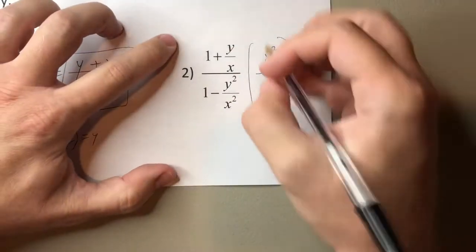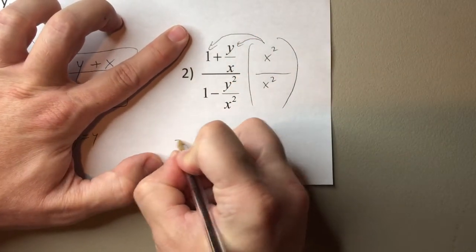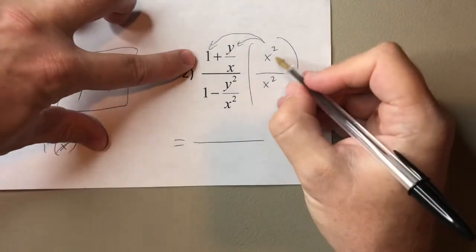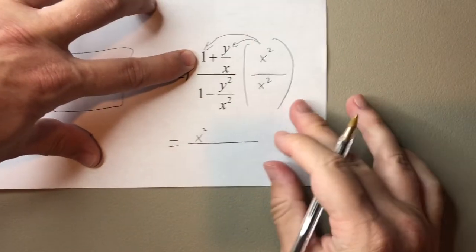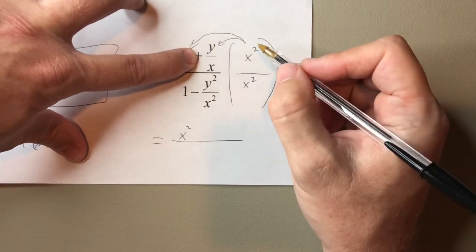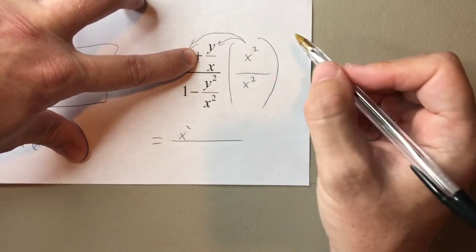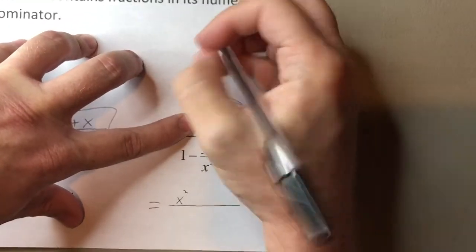Okay, so let's go through the motions one more time. Let's distribute on top. So what's x squared times 1? It's x squared. All right, what's now x squared times y over x? Let me write this down. Listen to what I'm saying.